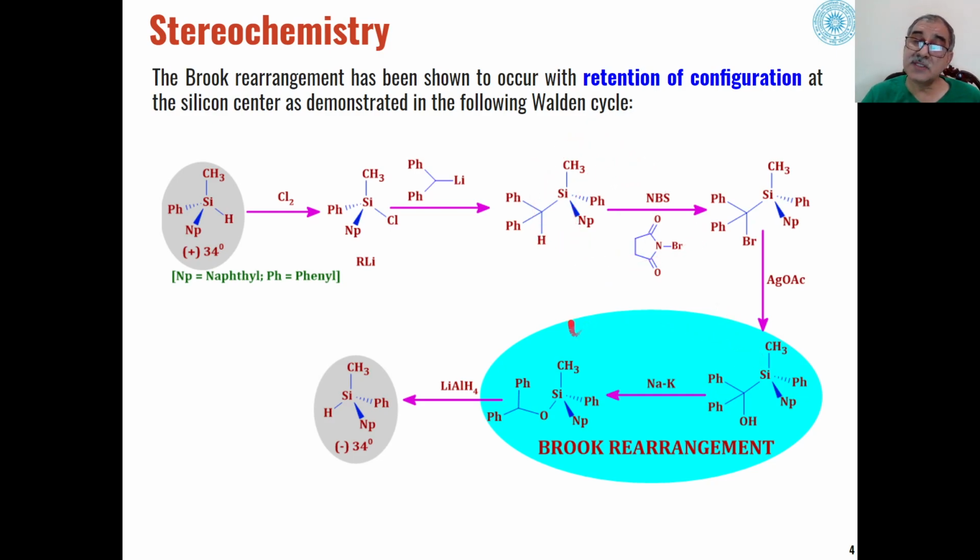That means during the Brook rearrangement, the configuration of the substrate from which the Brook rearrangement is taking place is retention of configuration. So this whole Walden cycle proves that during Brook rearrangement, configuration of the substrate is retained. So that means the product is formed with retention of configuration.